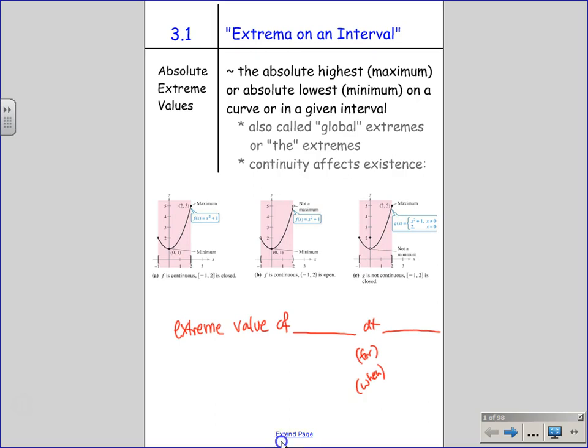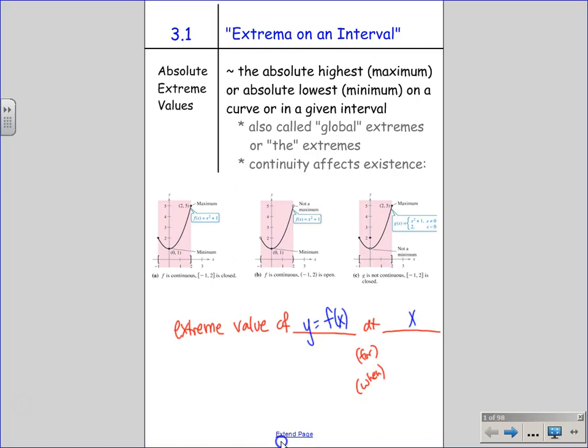Where the function value goes and where the independent variable goes? How do we fill in this if it says the extreme value of and at? Who goes where? The y function is going to go there, and then the x value is going to go there. And t, that's why the when. But since I went ahead and put x, I'll leave it there.